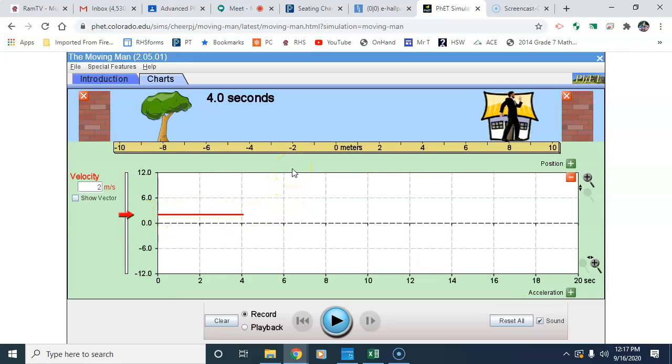So that tells us something. All VT graphs, always, 100% of the time, if we have no acceleration, if we're just constantly traveling at a nice steady velocity, it will always be flat, won't it? Now here's where we've got to be careful. What did we say flat meant on a PT graph?